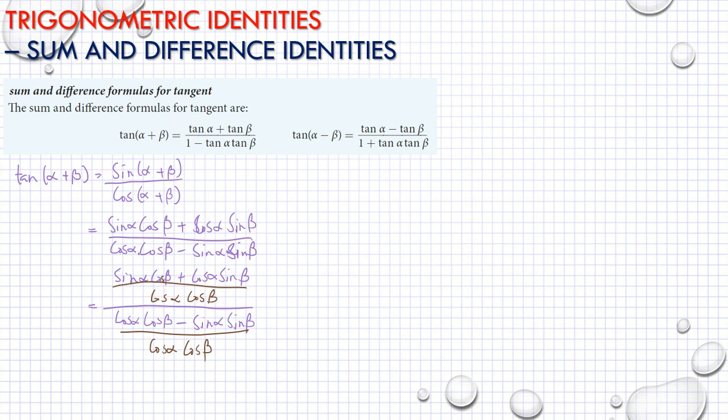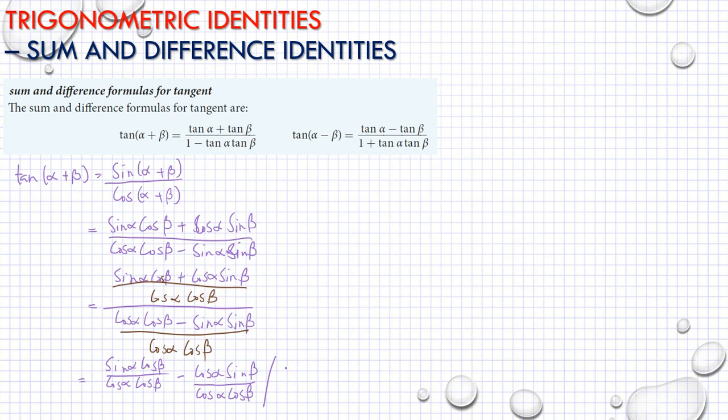Okay, so if we're going to expand that now, it will look like this. We have sine alpha cosine beta divided by cosine alpha cosine beta minus cosine alpha sine beta divided by cosine alpha cosine beta, divided by, I will put it like that because I don't have any space there.